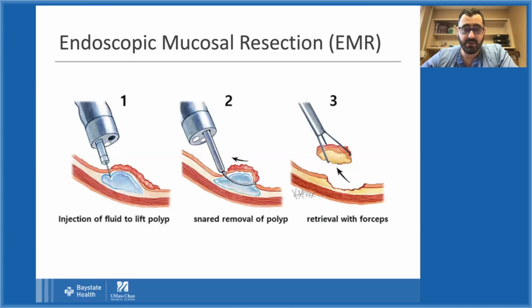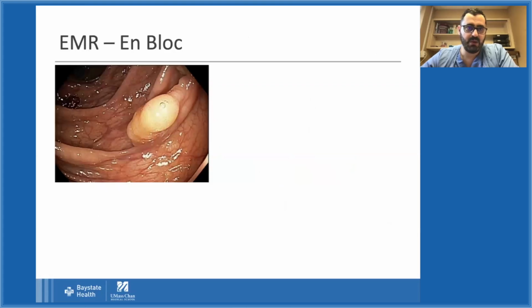All right. So it's a great technique: fast, very helpful, very safe, but it has some difficulties too. This is a polyp that I removed a while ago, maybe a year ago. You can see this polyp is larger than 1 centimeter, probably 1.5 or 2 centimeters.